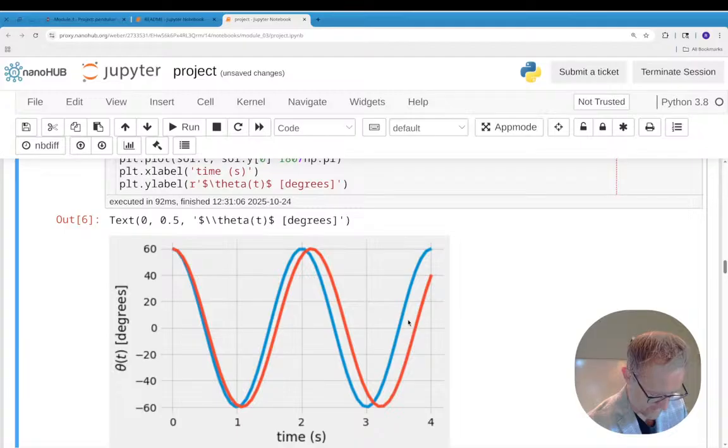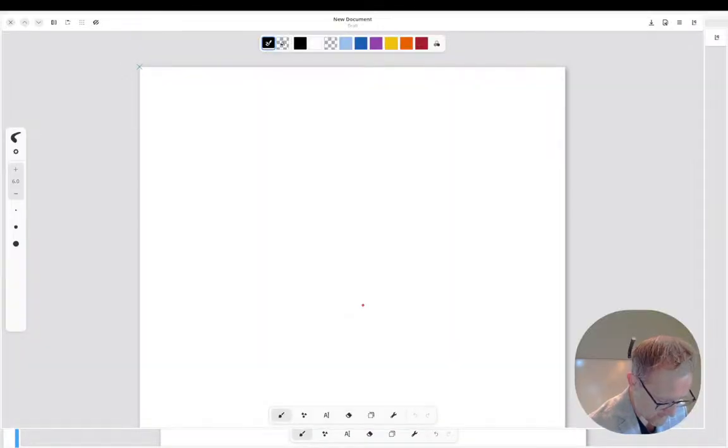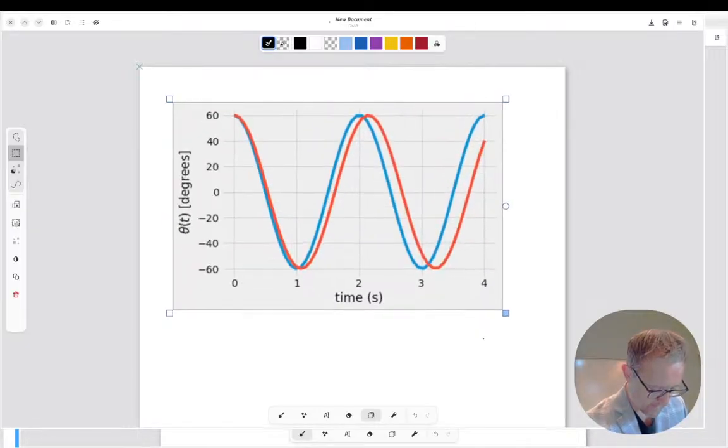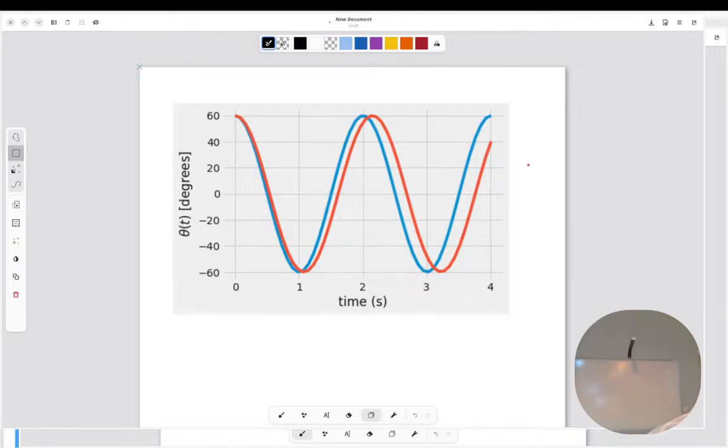Let's do this. Copy and paste. What's the period? So this one we said was amplitude, right?